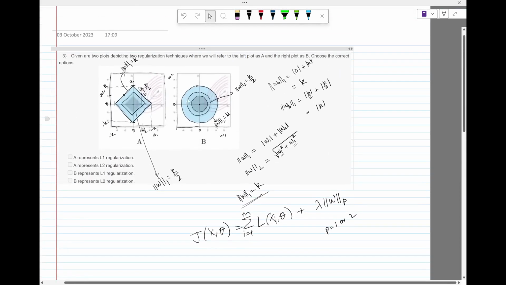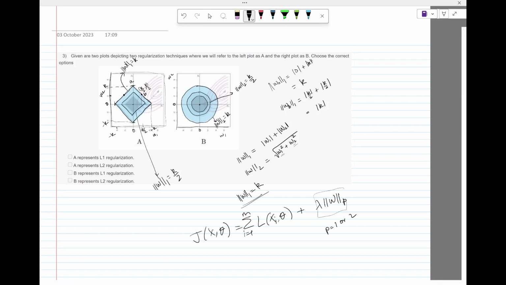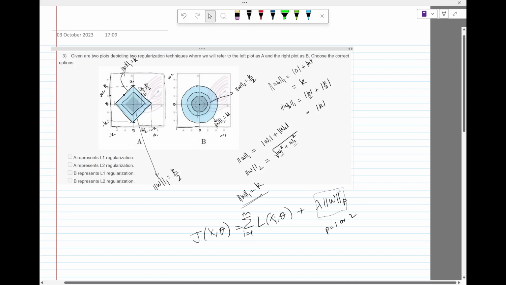So if your norm is higher, that is towards the outer side, then you are adding a bigger penalty to your loss function. While if your weights are more towards this side, then the regularization penalty that is added will be small because your norm will be less.